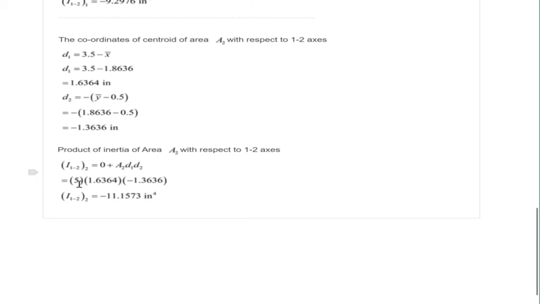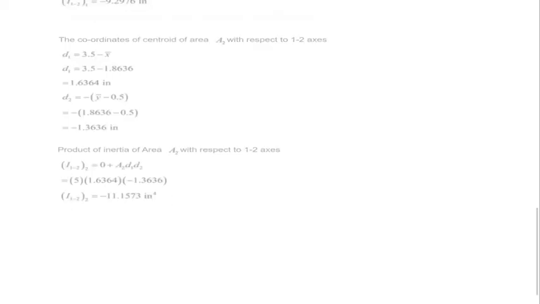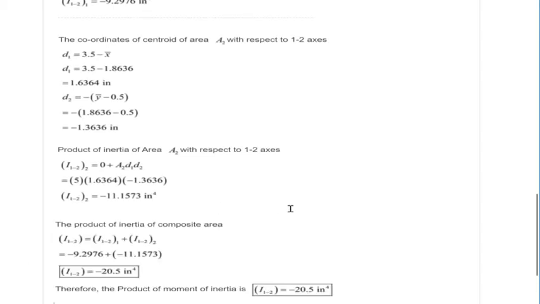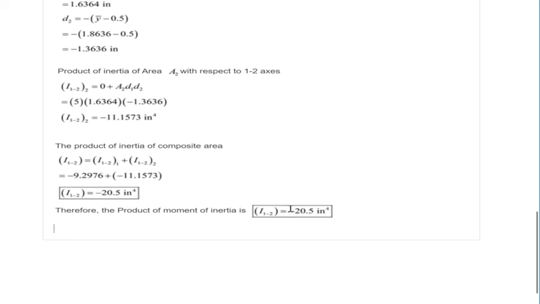That would be this, the area 5, that is the horizontal area, times these two distances. Alright, and at the end, the last thing we need to do is add the two products of inertia to find the product of inertia of the composite area, which would be negative 20.5 inches to the fourth. And that would be this problem. Thank you so much.